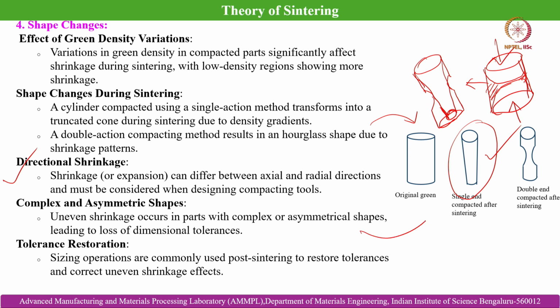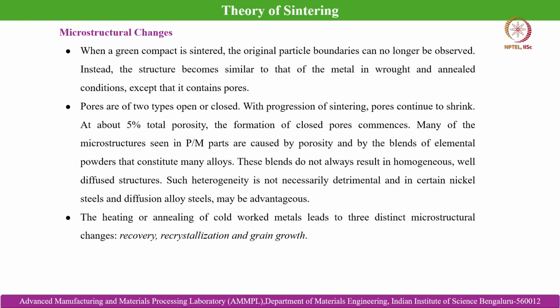For similar reasons as expressed at the top, it can also cause variational shrinkage and analogous loss of dimensional tolerances. Then tolerance restoration: sizing operations are commonly used post sintering to restore tolerances and correct uneven shrinkage effects. This is how it can be corrected.